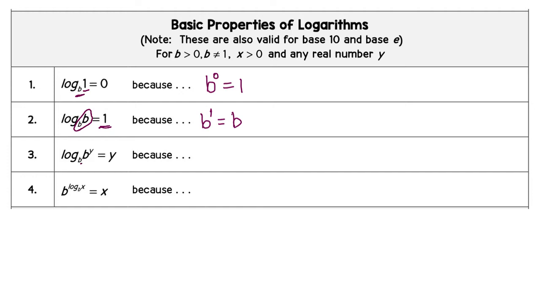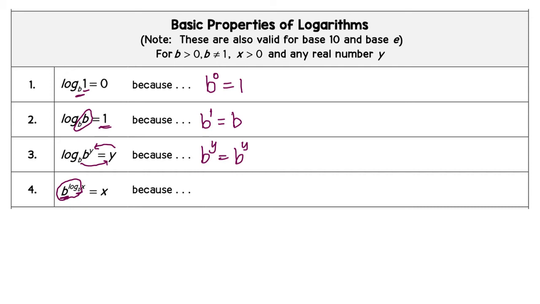Here, log base b of b to the y power is always equal to y. And here, b raised to the log base b of x is always equal to x. This portion right here, as long as that has the same base as this base here, those always cancel each other out.